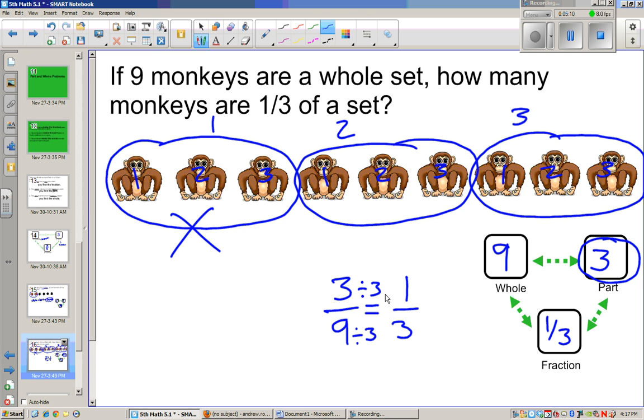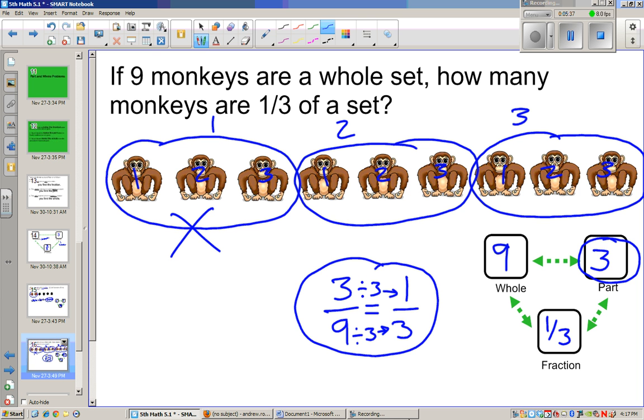I get 1/3, because 3 divided by 3 is 1, and 9 divided by 3 is 3. So 3/9 and 1/3 are equal. So that fraction may not have the whole as the denominator and the part as the numerator, but those two will make a fraction that is equal to this one.